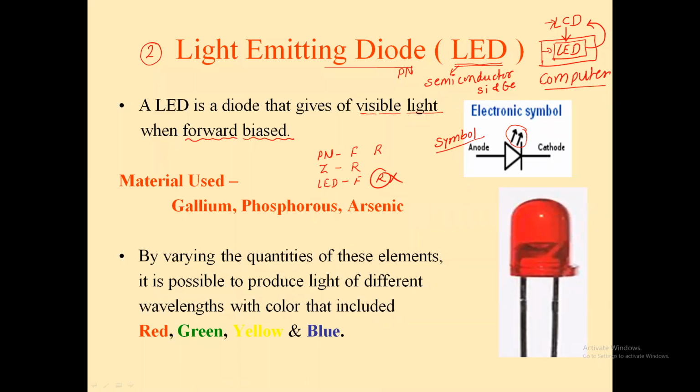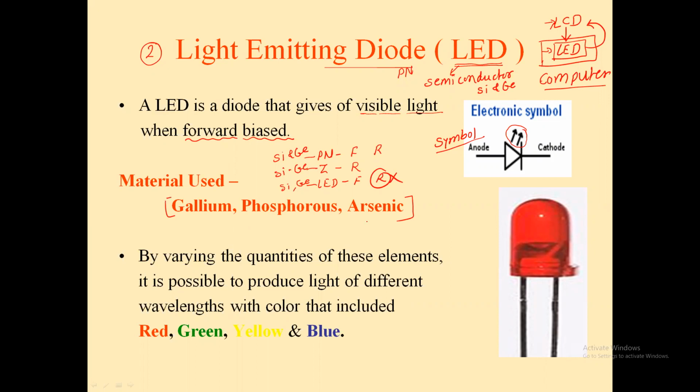Now, as we know, an ordinary p-n junction diode is made of silicon and germanium. The Zener diode is also made of silicon and germanium. But the LED is made of silicon, germanium, and three different materials: gallium, phosphorus, and arsenic.